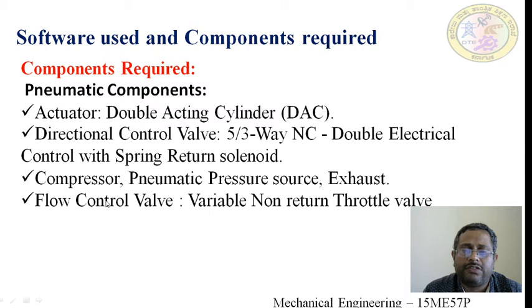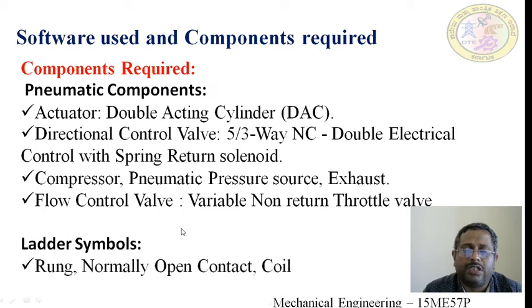And next, we require a flow control valve. In that, we are using a variable non-return throttle valve to control the speed of the piston in the cylinder. And next, we require some ladder symbols to construct the ladder diagrams. In that, we require rung, normally open contact, and coil.